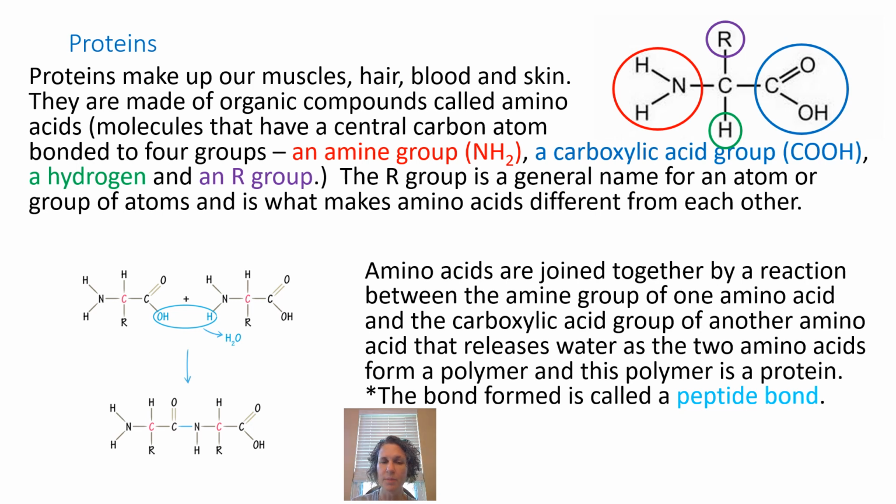It's a very common reaction, and they can form chains that are several hundred amino acids long. The bond that is formed between each different amino acid is called a peptide bond.